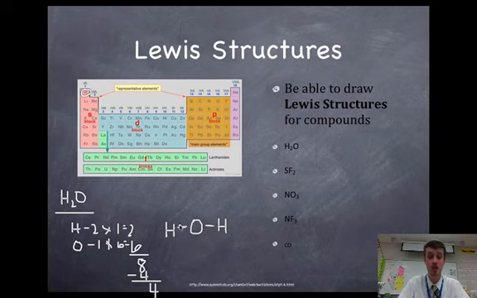It's only sharing 4 electrons, and it wants 8. So to have 8, we add the other 4 electrons to this structure right here. And this is the Lewis structure for water. That's all you have to do for something like that.